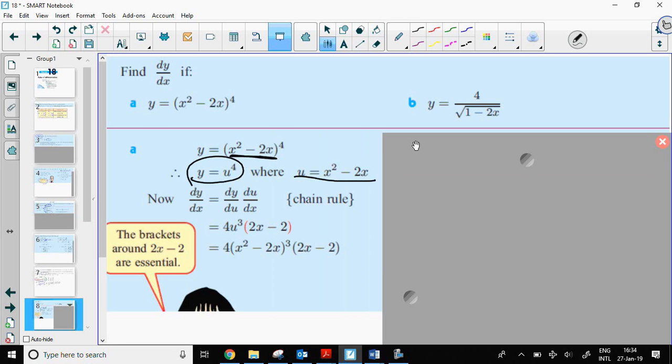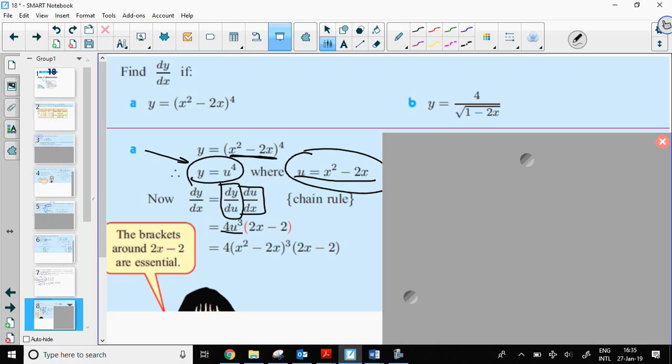So we're going to calculate the derivative dy du. That's like looking at this function and pretending it said y equals x to the fourth and calculating its derivative. The derivative of x to the fourth would be 4x cubed using the power rule. So we're going to write down 4u cubed here. And then we're going to write down the derivative du dx.